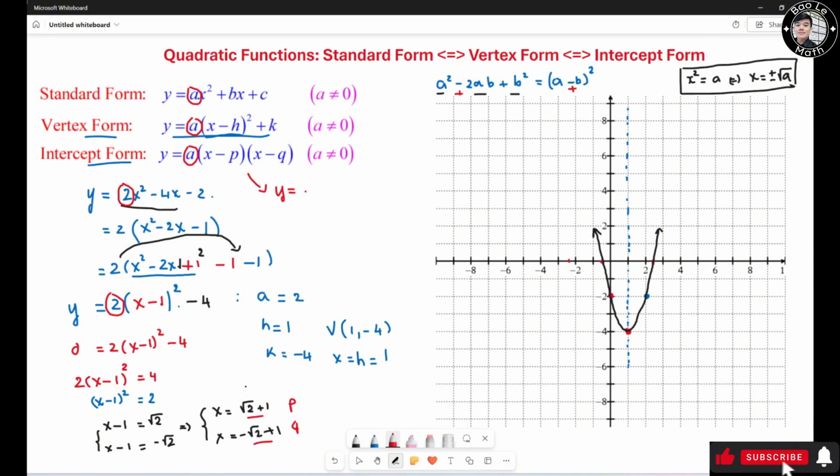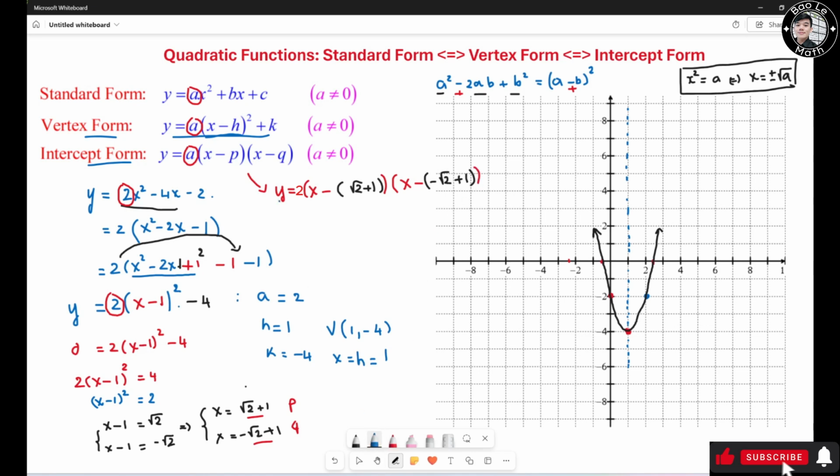y equals 2 times s minus p, but p equals root 2 plus 1. So if you see two terms, you need to put parentheses. So you have root 2 plus 1, and then you close parentheses, times s minus q. But q equals negative root 2 plus 1, and you close parentheses.